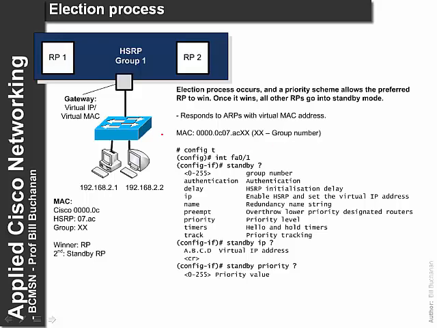Basically what happens is there is an election process at the start of the protocol, and then a priority scheme is used to support the preferred RP. So in this case, RP1 may be preferred over RP2. RP2 may be faster or have improved switching capabilities and so on.